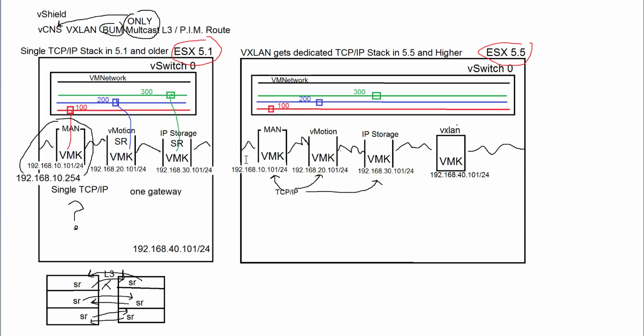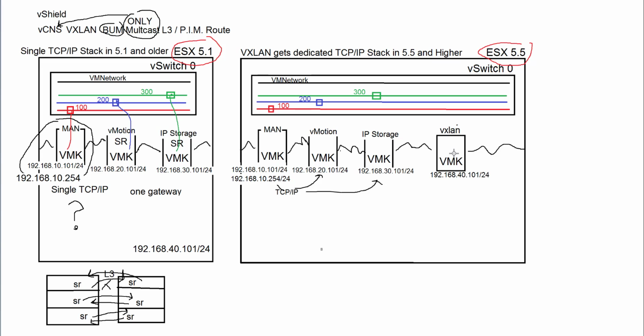So I still have a gateway that I could use here for management, 192.168.10.254, as we showed on the left over there. I'd still have one TCP/IP stack for all three of these guys. And again, management would be the only one that would get a gateway, because typically vMotion and IP storage don't really need it in 99.99% of the cases.